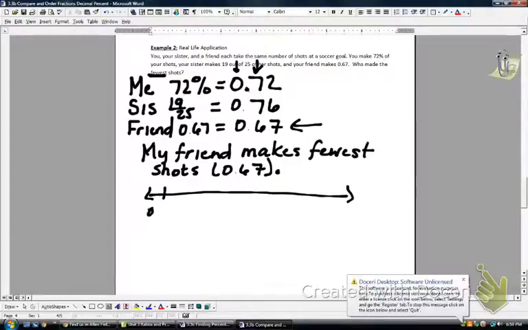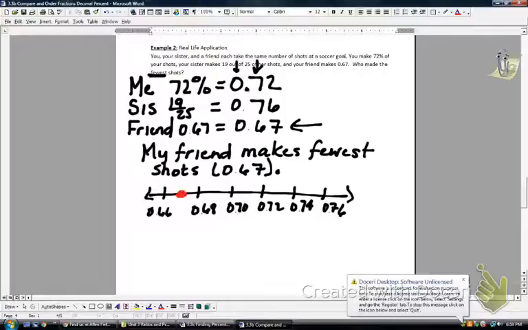So if I did a number line, it would be 0.66, 0.68. This is just more of a visual, so for those of you who like a picture, this might be more helpful, but I'm going to change colors so it's a little bit easier to see.